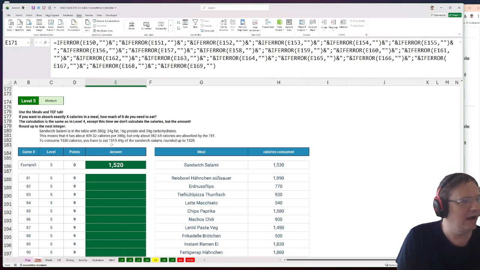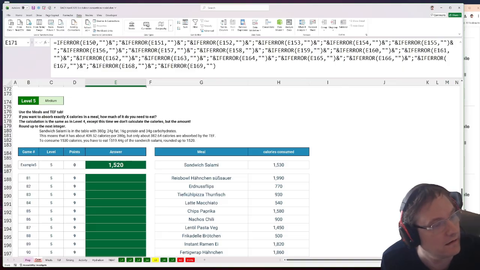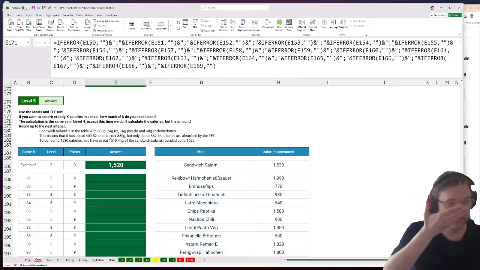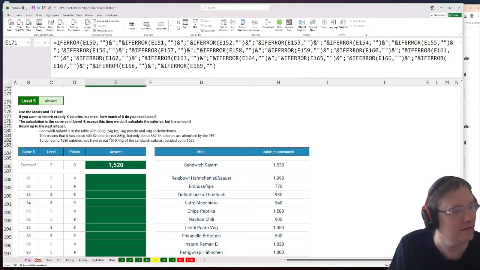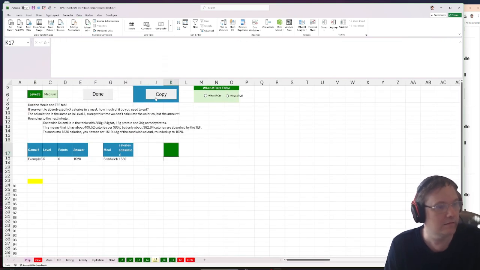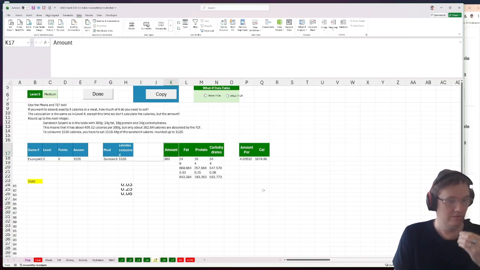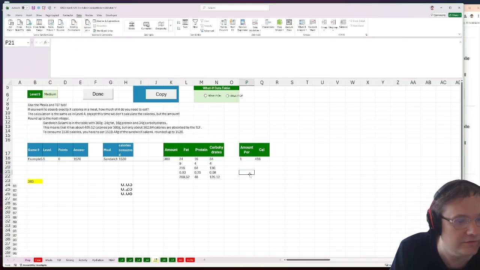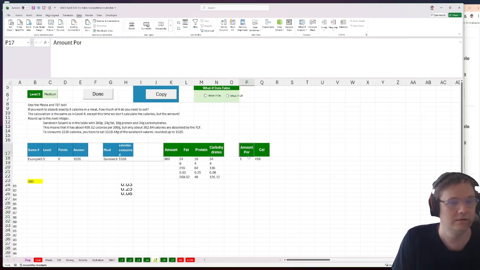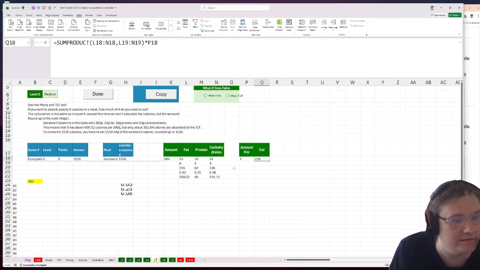All right, level 5. If you want to absorb X calories of a meal, how much do you need to eat? Okay, so if it's a 1, then I get 416.